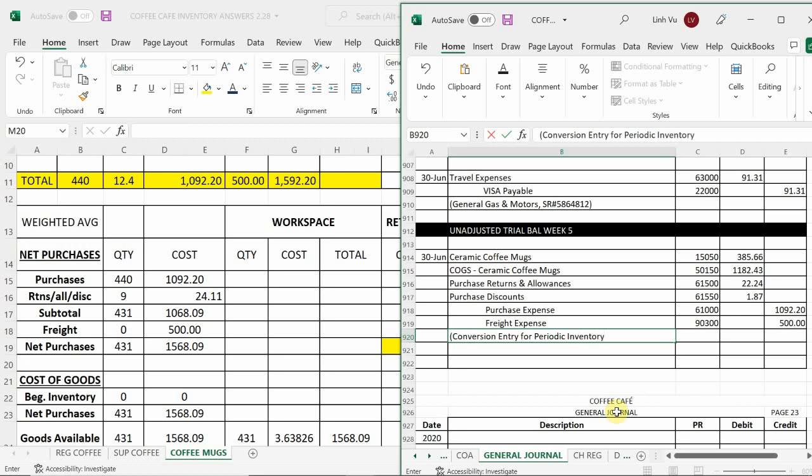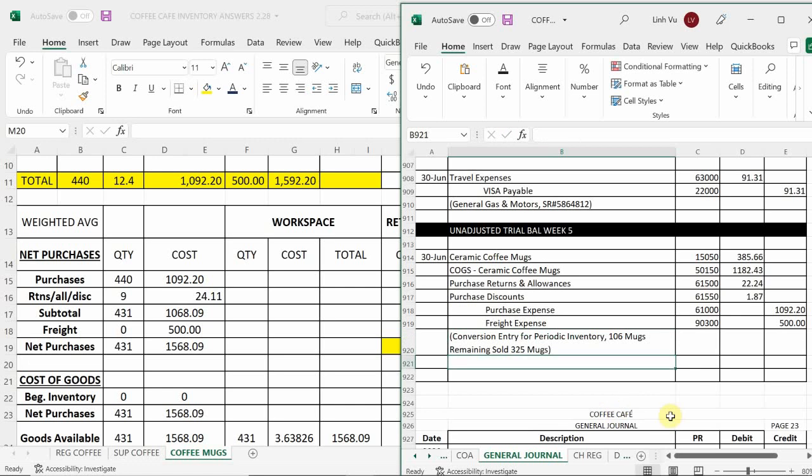And we can also say that we have 106 mugs remaining, sold 325 mugs, right? And we already know that we returned the rest. Okay. So there you go, right? That is our conversion entry.